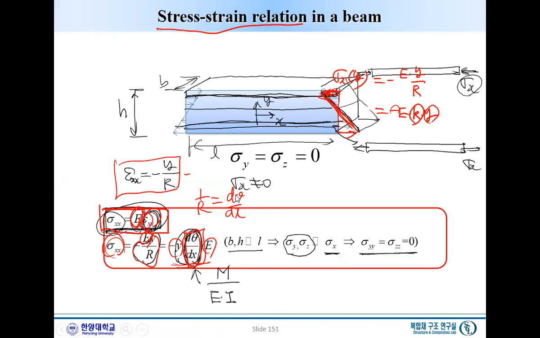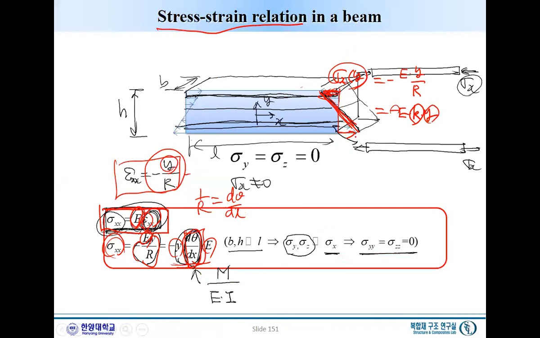Just take a look at how this stress distributes. Since the strain linearly varies through the thickness, simply the sigma x will also linearly vary like this.